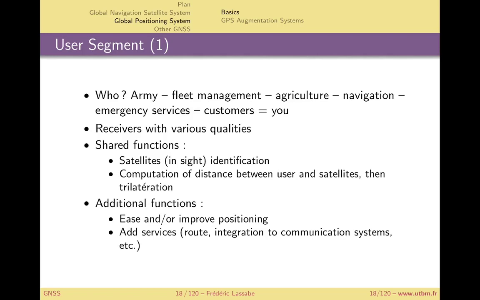So let's talk about the receivers. First, they come with various qualities, but they at least share some functions, which are to identify each satellite in sight, compute its distance towards any satellite in sight, and then using n-lateration, compute the location of the user device.